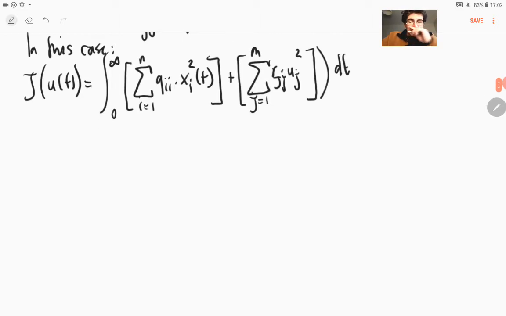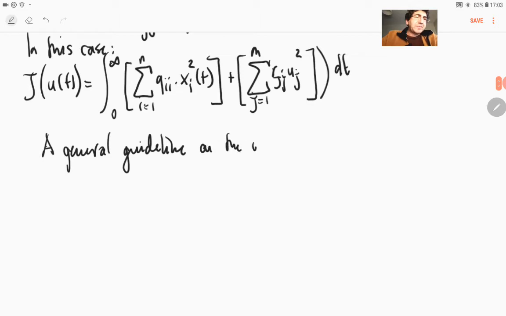Another guideline, this one known as Bryson's rule, is a general guideline on the magnitude of these q_ii's and r_jj's.